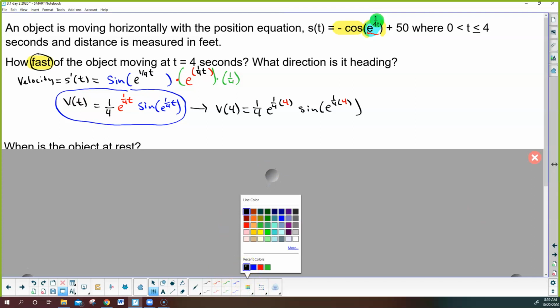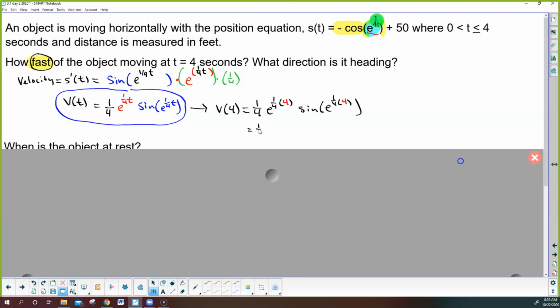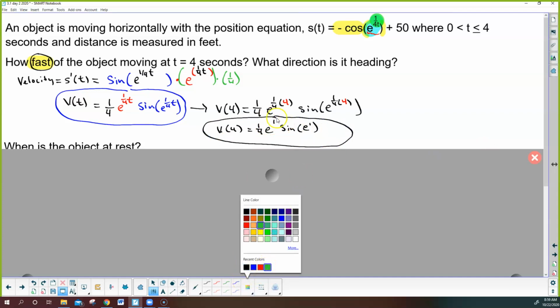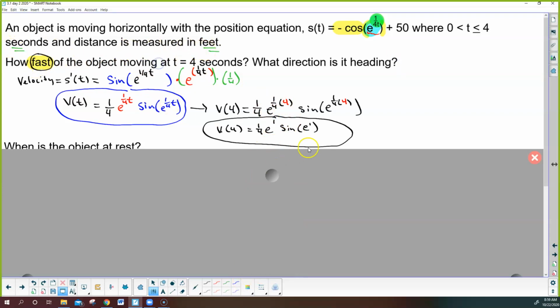Now this looks messy, doesn't look super friendly. Notice something. e to the 1/4 times 4, well, up top here, this gives me e to the first power. And then I've got 1/4 times 4. Well, that's sine of e to the first power as well. Now, technically, we could stop here. And I'm going to put my units. This is a rate of change. Well, what am I changing? I'm changing in feet per second.